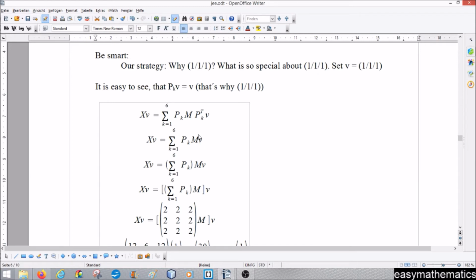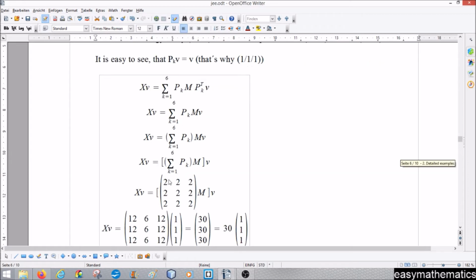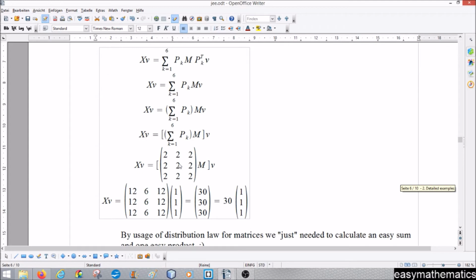Then the product M times V is not depending on K, so we put it outside the summation. And the sum of these permutation matrices, it's easy to see, gives a matrix where all entries are 2.